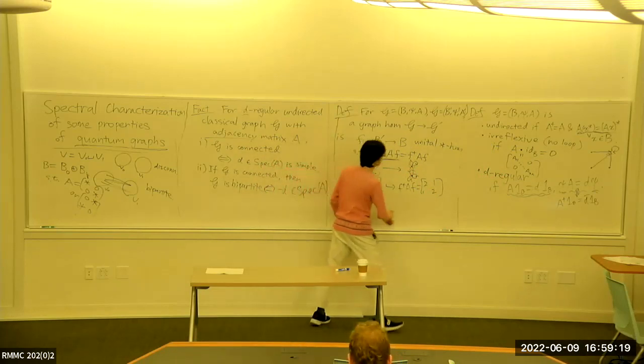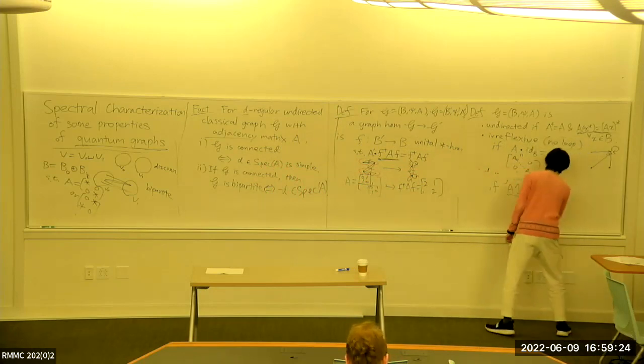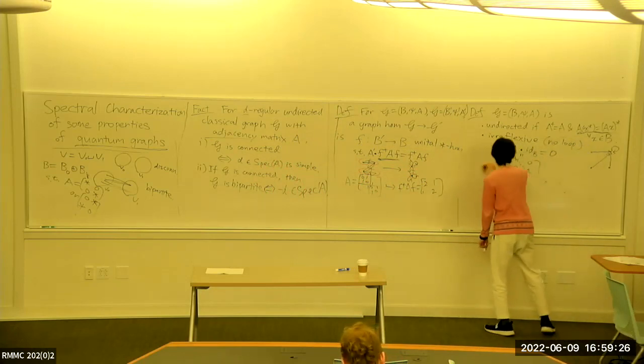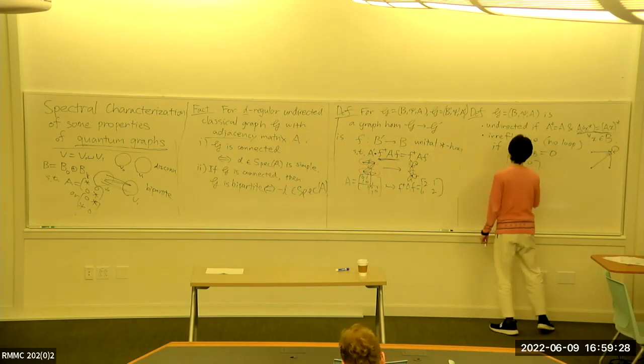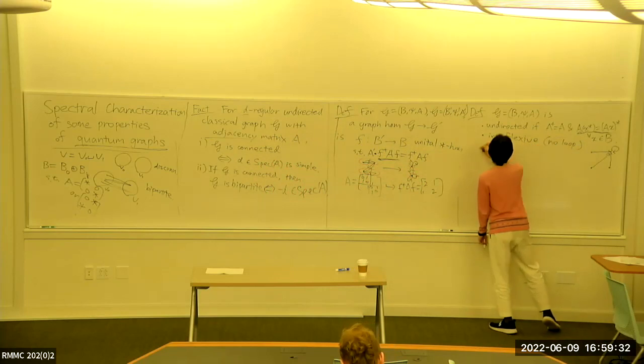And by using such graph homomorphisms, we can define the bipartiteness and the connectedness.